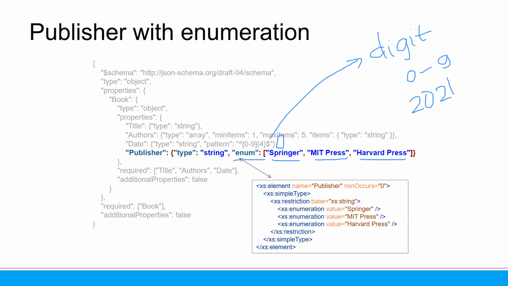You can see here the restriction for the publisher is that there are 3 publishers: Springer, MIT Press, and Harvard Press. In this case, we are using array, so there will be no other choice than these 3 options. If you can see, the minimum occurrence is 0, it means it can be just null.